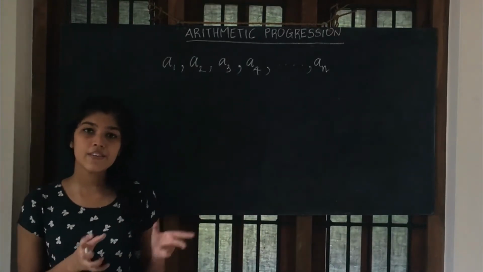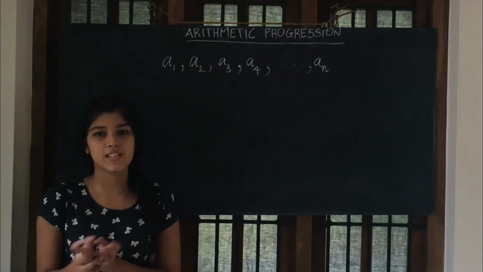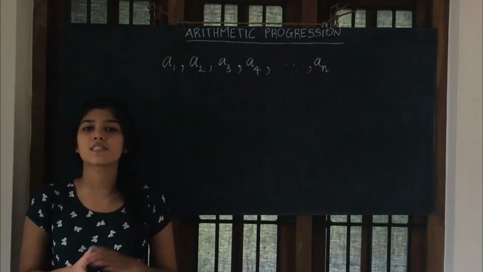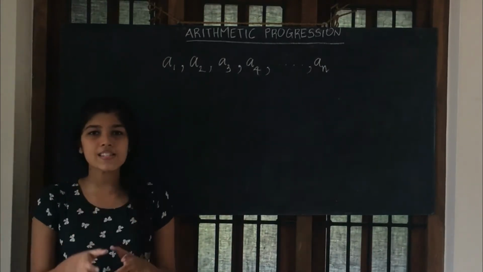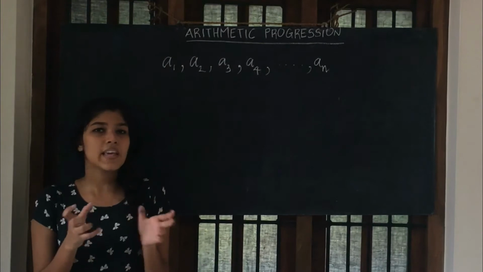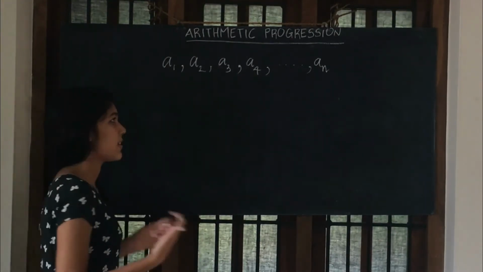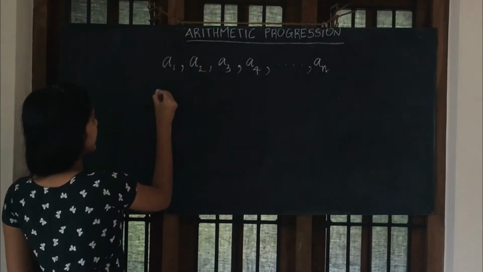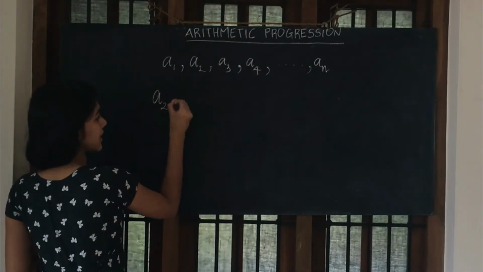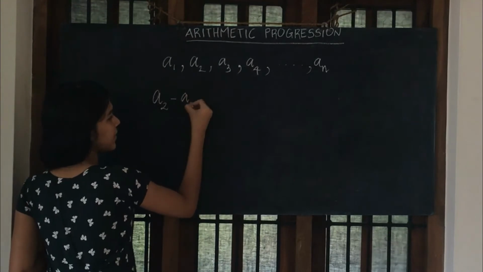We were told that we are adding a fixed number to each term to get the successive term, and that fixed number is known as the common difference. We can see that the common difference can be obtained by taking the difference of any two adjacent terms. That is, we can find the common difference as the difference of the second term and the first term.